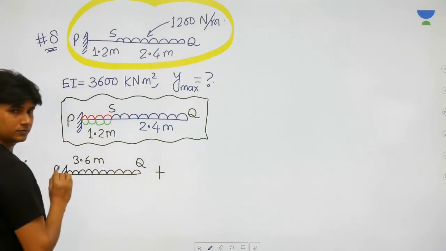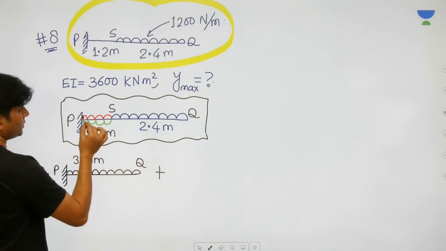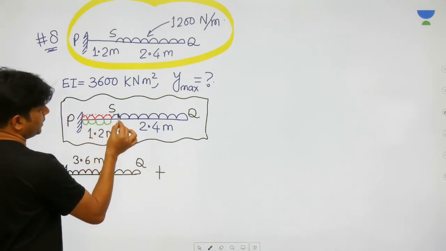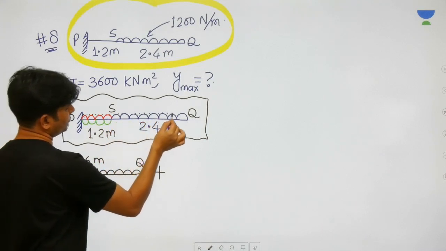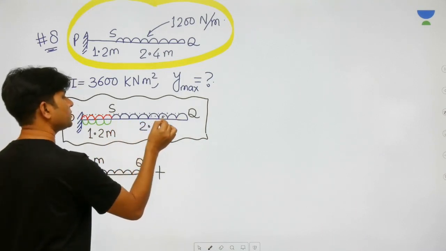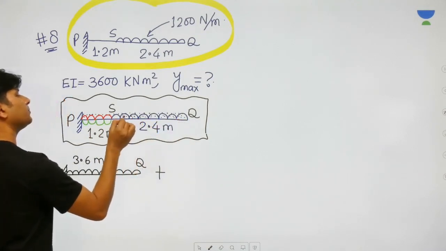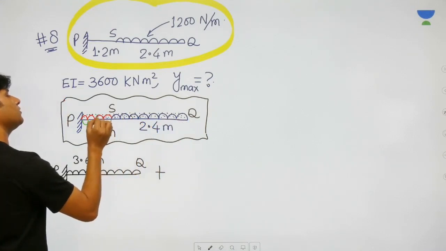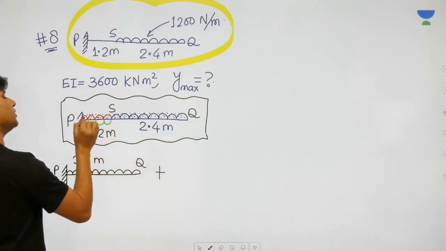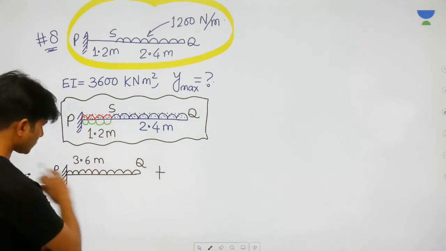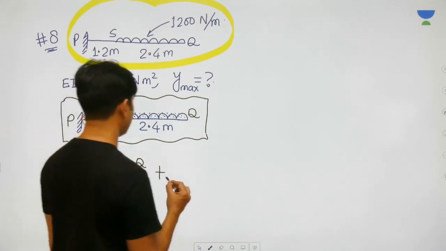So once you consider this entire UDL that is acting from the top, we get one standard cantilever beam with UDL throughout its length of 3.6 meters.